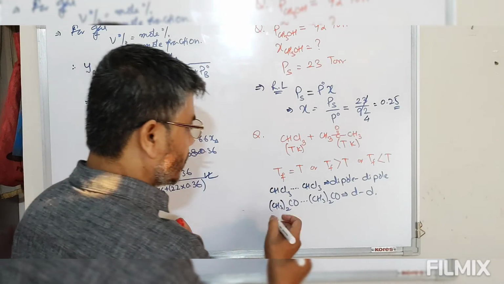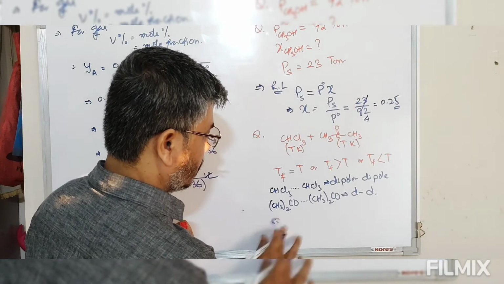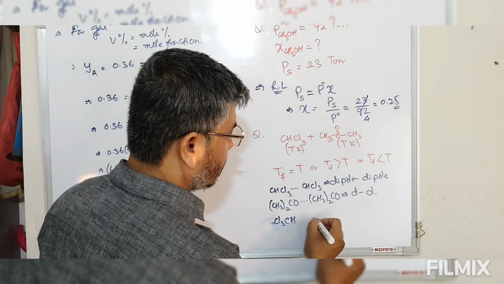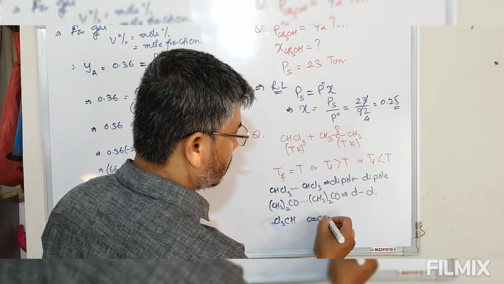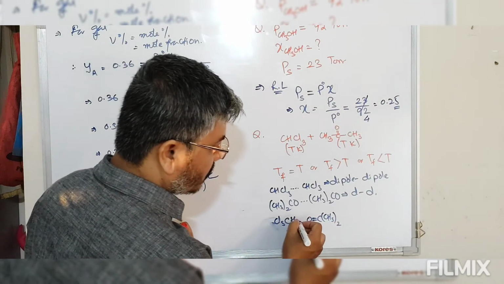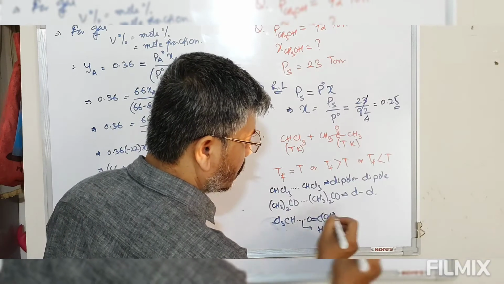But now after mixing these two, chloroform CCl3H and acetone, chloroform and acetone form a hydrogen bond.